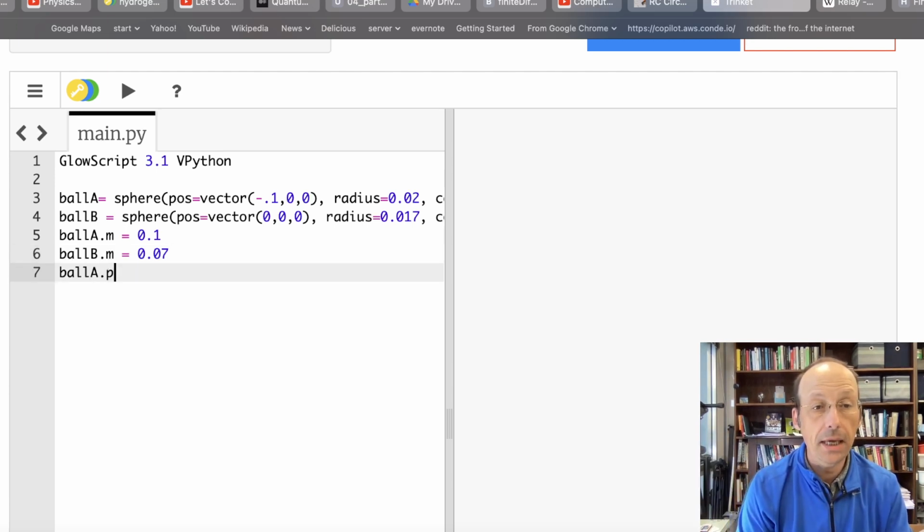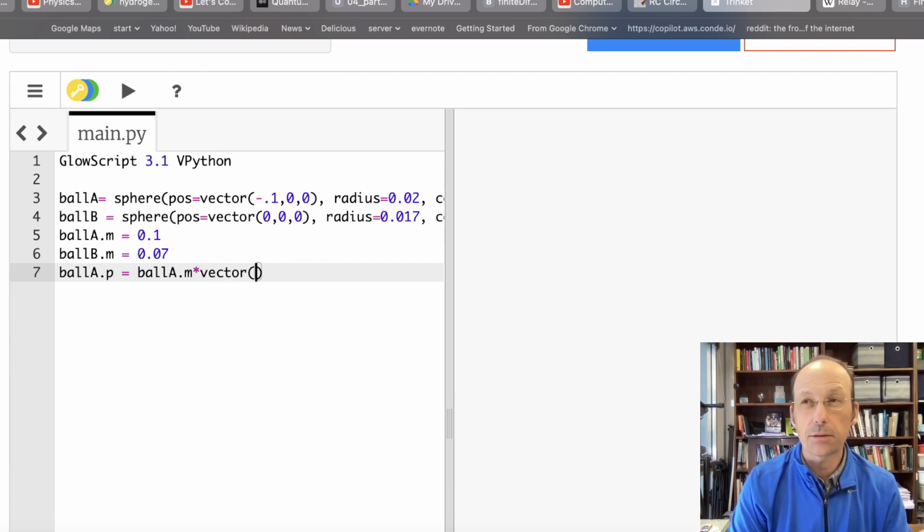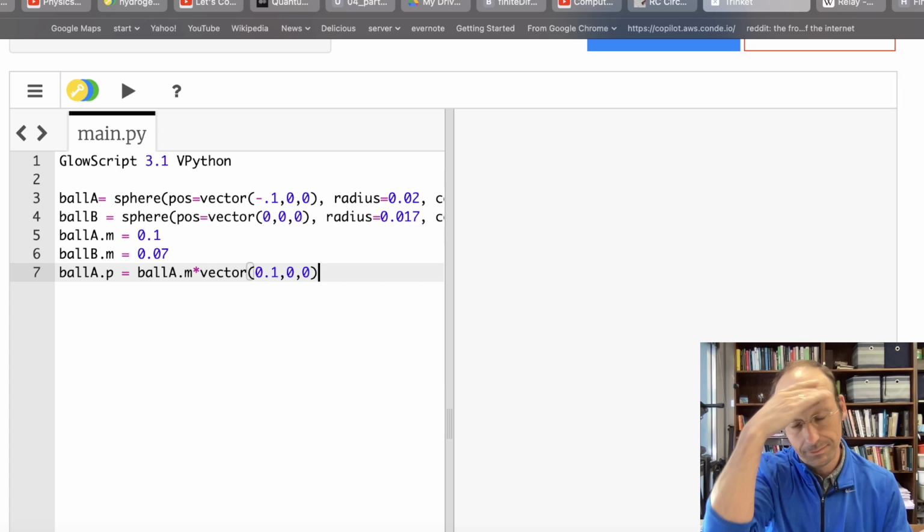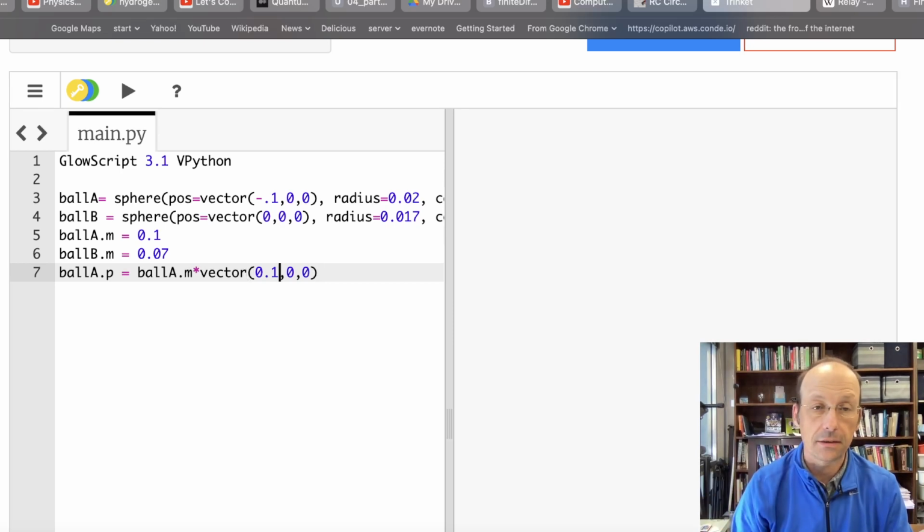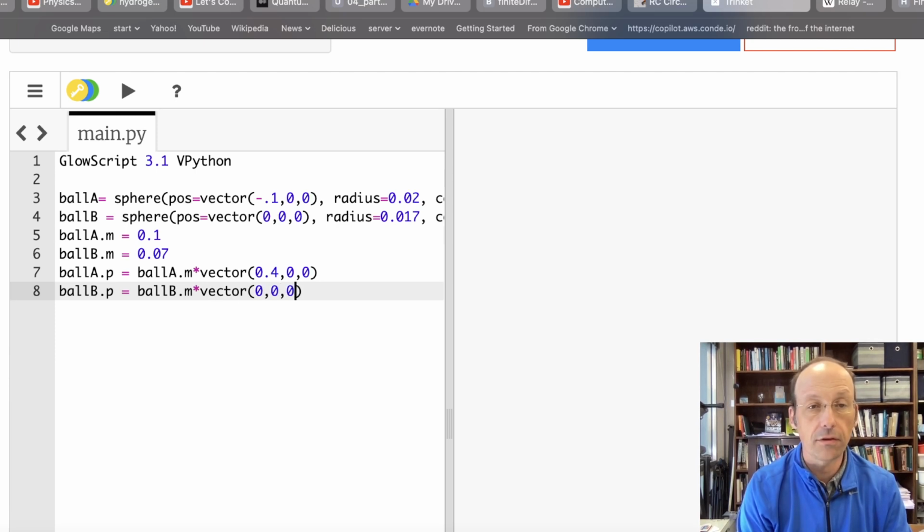Ball A dot P equals ball A dot M times the vector. How fast is it moving? Let's say it's moving at 0.100 meters per second. So it'll take a second to get there. Okay. That's not very fast. Let's increase that to 4. And then ball B dot P equals ball B dot M times vector 0, 0, 0. That one's at rest.